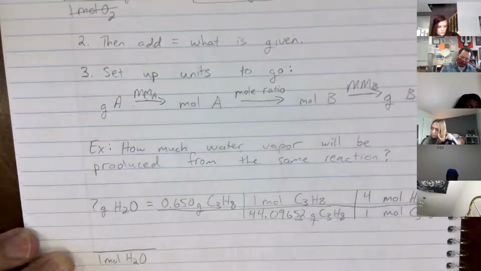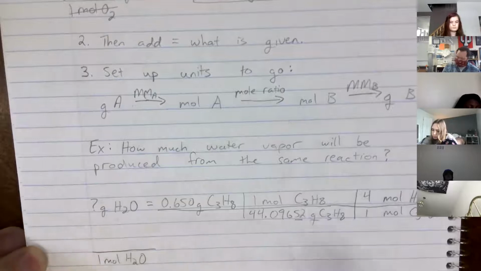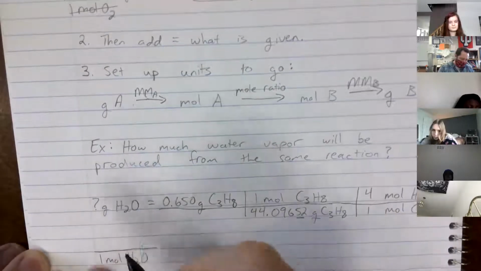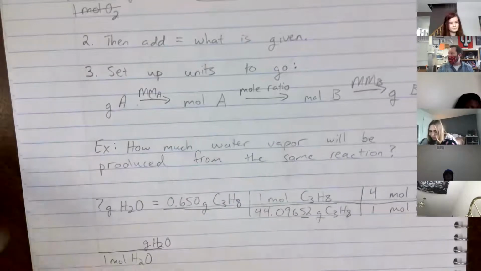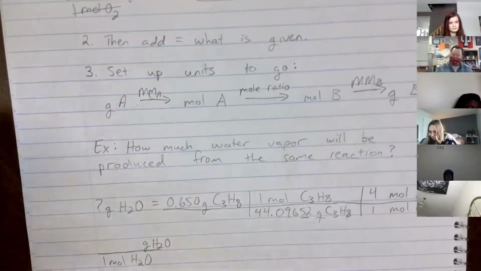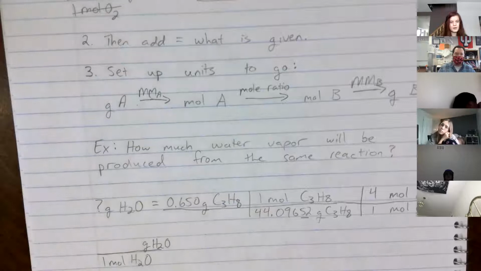Going to need 1 mole of water on the bottom because it's on top up here. And we're going to need to calculate a molar mass of water. I don't know off the top of my head what mass water is, but that's okay. We've got a periodic table. We can put it together.